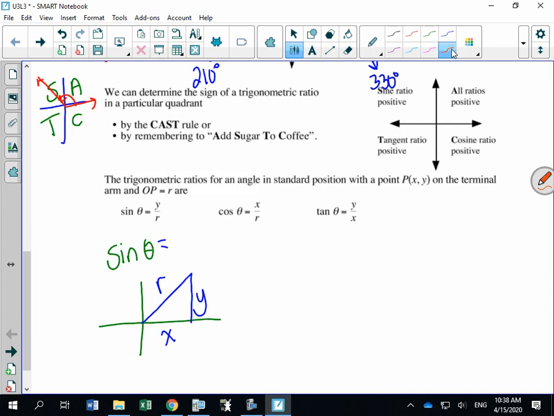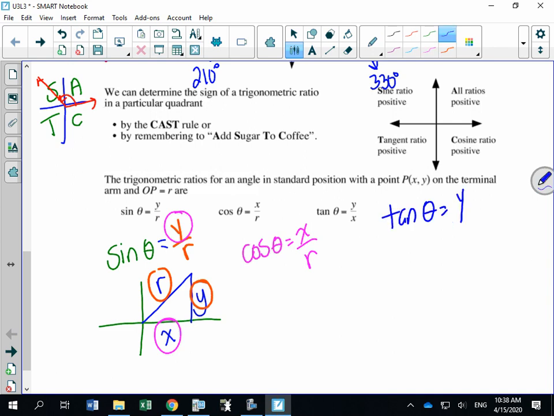Sine of theta is y over r. And if you memorize that that's the sine of theta, then the cos of theta, if sine is y, cos gets x. So x over r. And then the tan of theta, students just memorize, and it's y over x. So again, we no longer use SOHCAHTOA. We use these 3 trig ratios here, because now we're going to be dealing with triangles, and those triangles are going to be on the Cartesian plane.